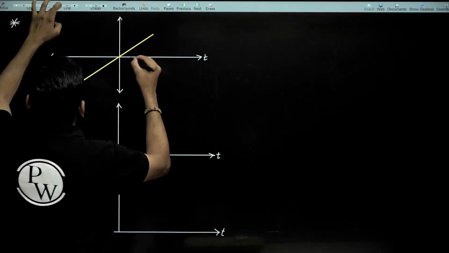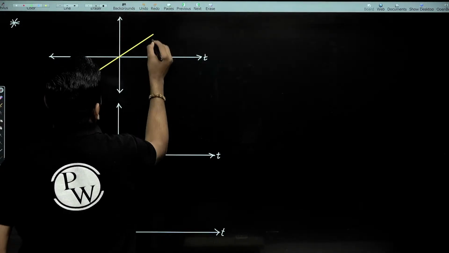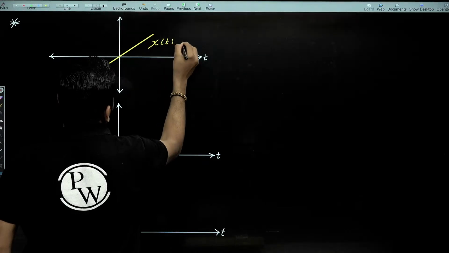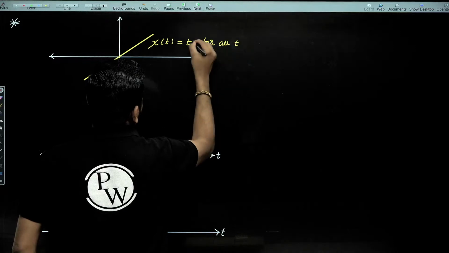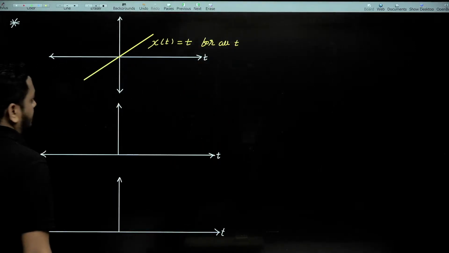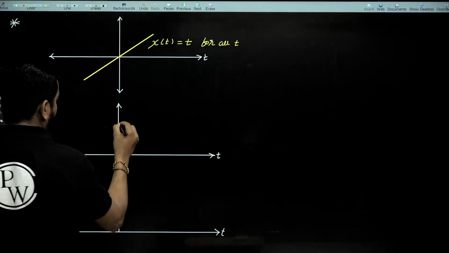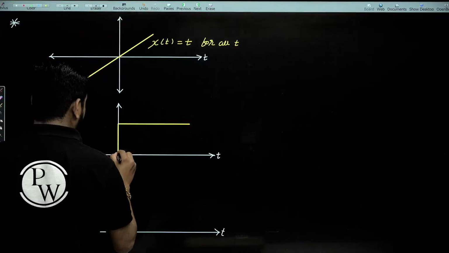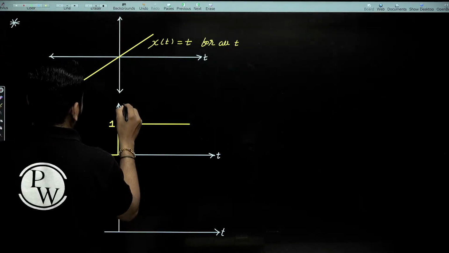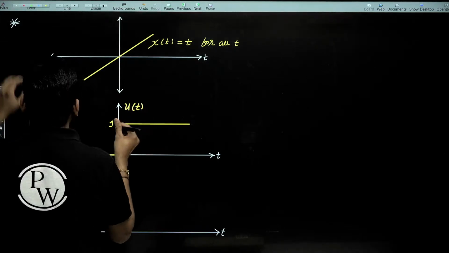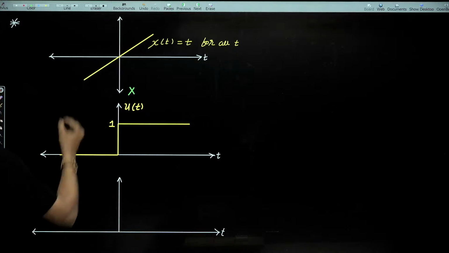This signal x of t is equal to t for all t. For t less than 0 also t, for t greater than 0 also t, guys. Now if you multiply this signal with u of t, what will happen?